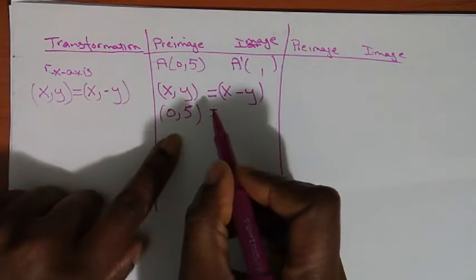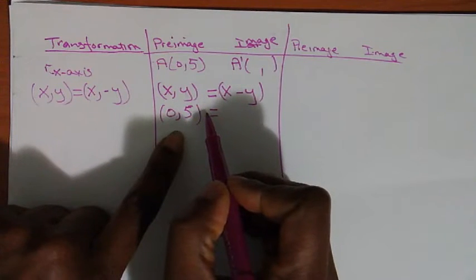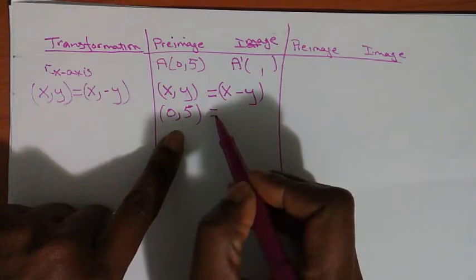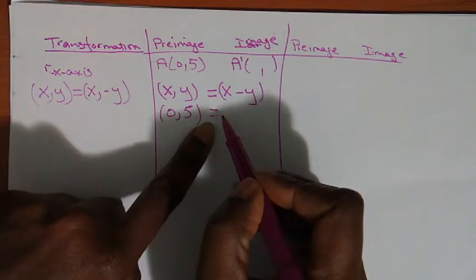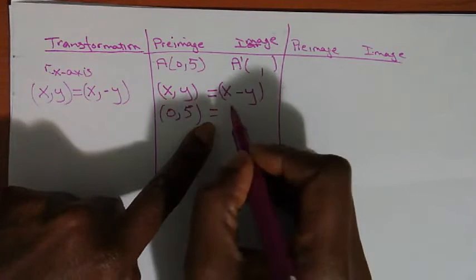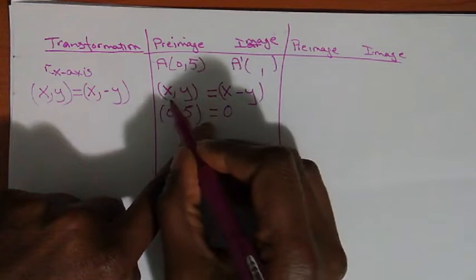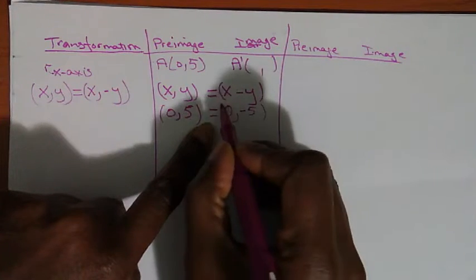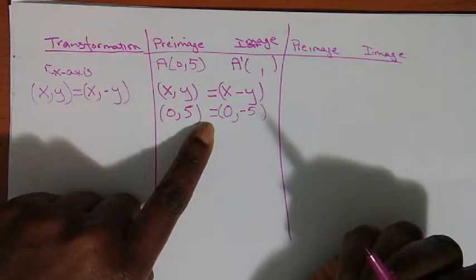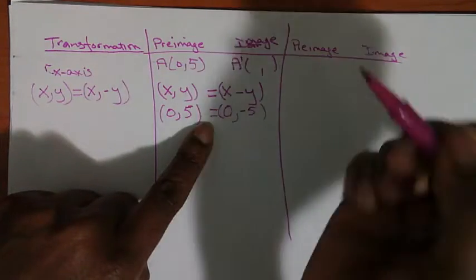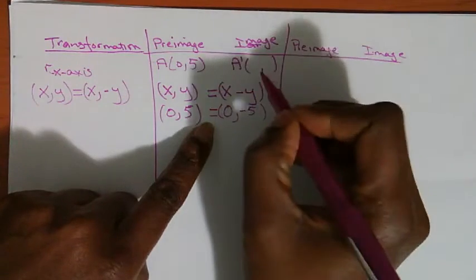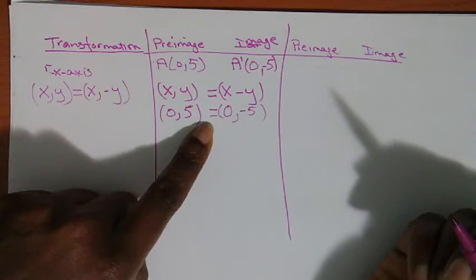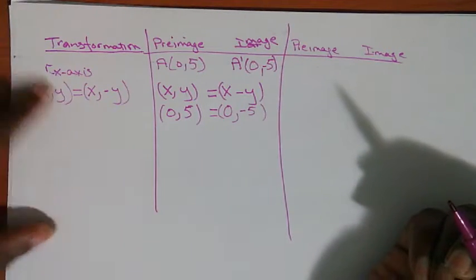Under the reflection over the x-axis, my coordinate point now becomes (0, negative 5). So my reflection over the x-axis point is now 0, negative 5. That's my first example.